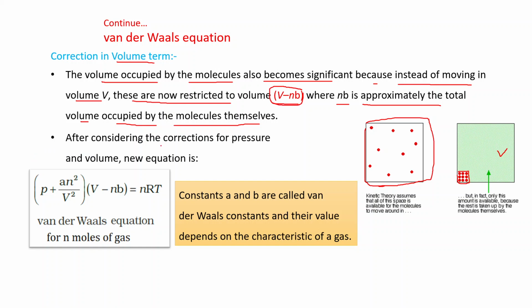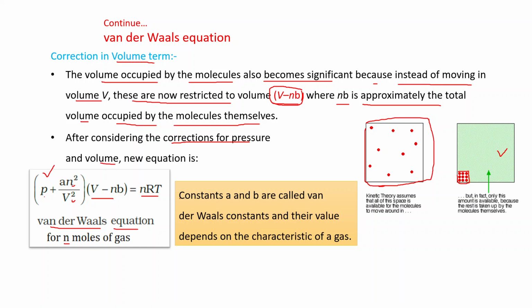That's why this is the correction term in the volume. And if we apply these two corrections, that is the correction for pressure and volume, we will get the new equation: P plus an square divided by v square, multiplied by v minus nb, is equal to nRT. This equation is known as van der Waals equation for n moles of gas.